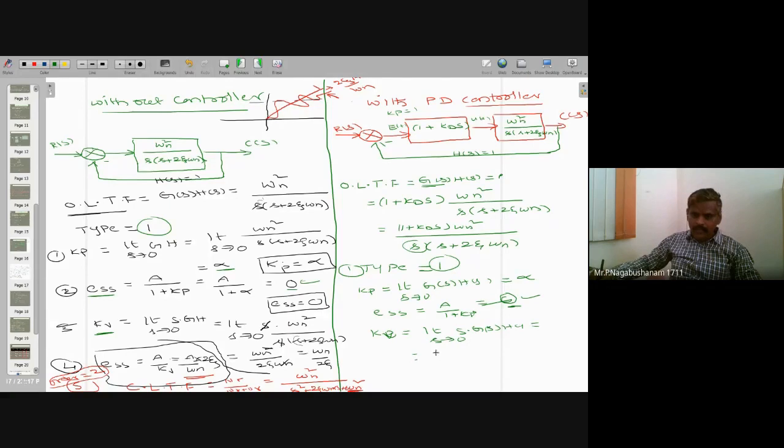Otherwise, let me write: limit S tends to 0, S into 1 plus Kd S, omega n square divided by S into S plus 2 zeta omega n. S will get cancelled.